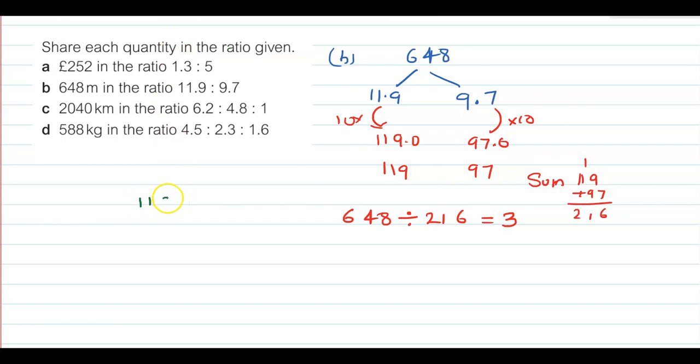So the first part was 119 and 97. You times by 3 and times by 3. Can you multiply 119 times 3? How much will it be? 357, if I'm not wrong. And 97 times 3?